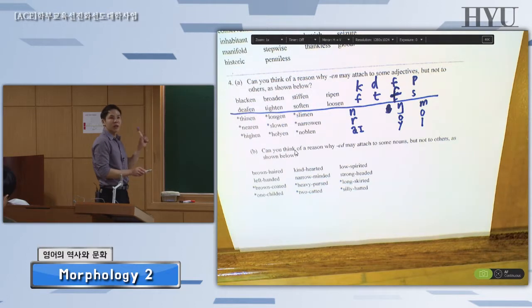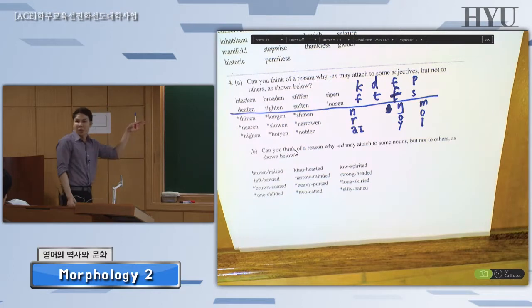Long, N with the tail, not G. Slowen, just O, which is a vowel. Holyen, Y. Slimmen, M. Narrowen, O, narrow, O is the last sound. Noblen, from the word noble, L, okay? So we agree on this, right?